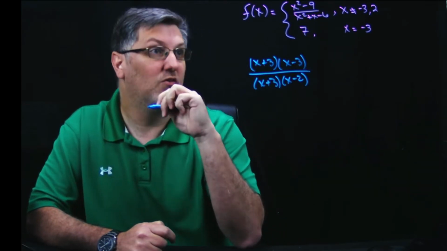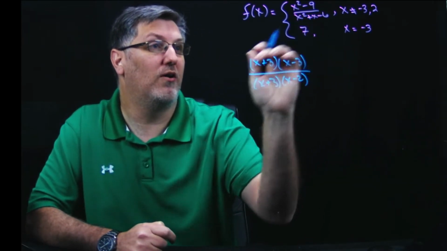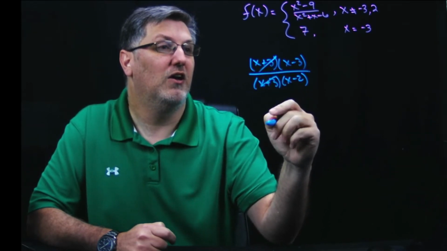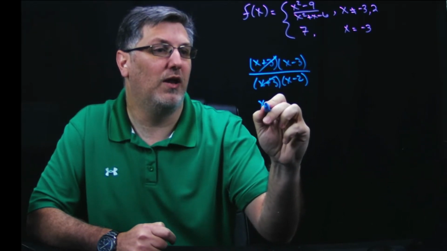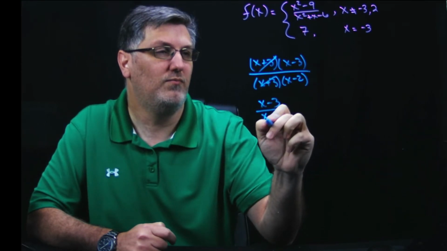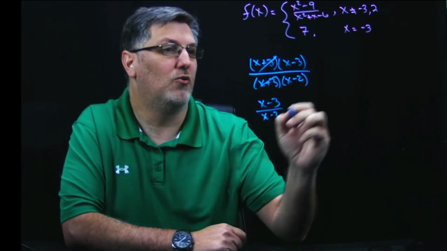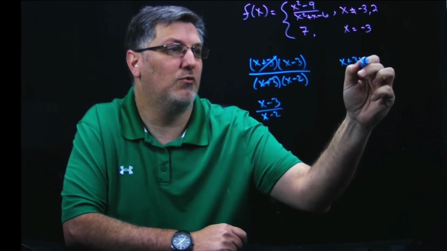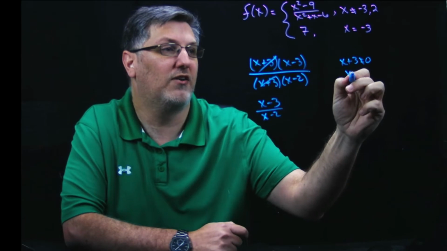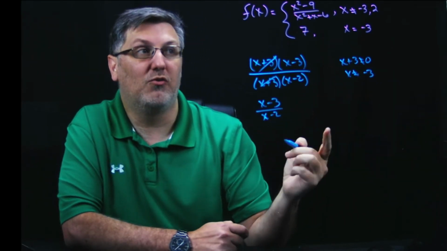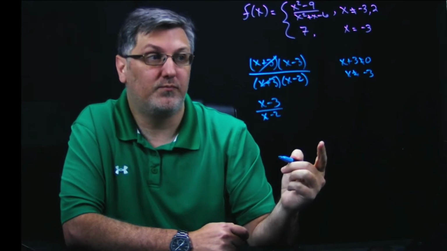We can see that x plus 3 cancels out, and that leaves me with x minus 3 over x minus 2. I know from pre-cal that x plus 3 cannot equal 0, so x cannot equal -3. That's going to be a hole right there.